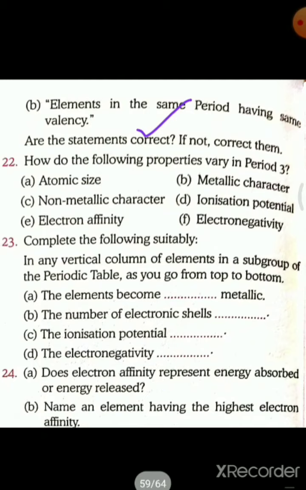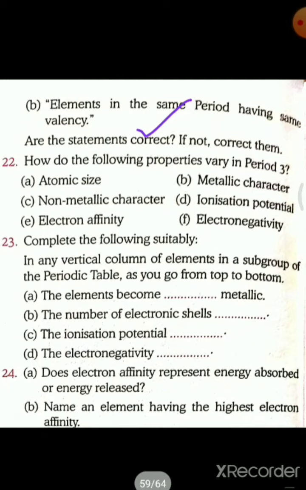Then how do the following properties vary in period 3? Atomic size: across a period your atomic size decreases. Metallic character: across a period your metallic character decreases. Non-metallic character increases across a period.